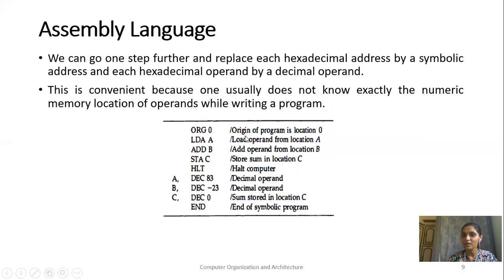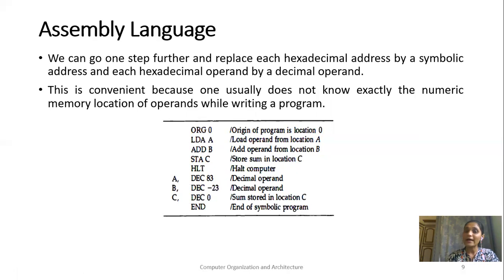It will show you the meaning of your instruction. This is not compulsory, you can use it if you want to. But labels are compulsory. Whatever labels you have used in an instruction, you must use afterwards to store your operand.